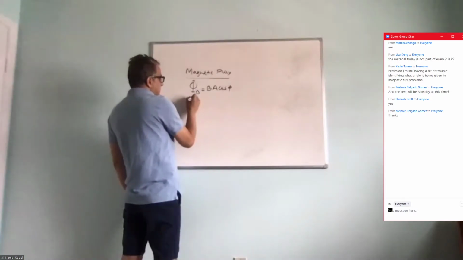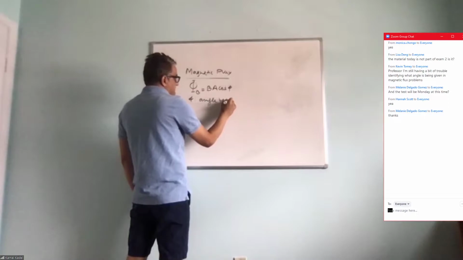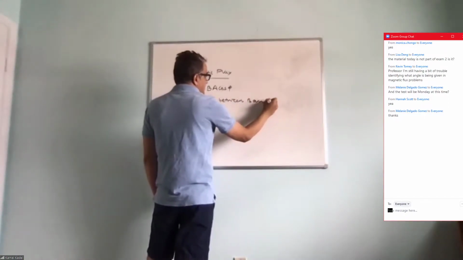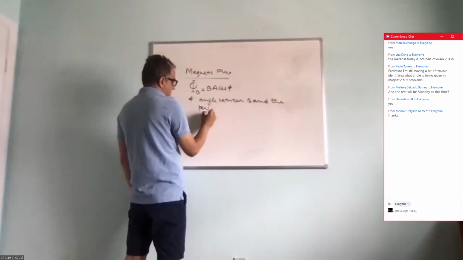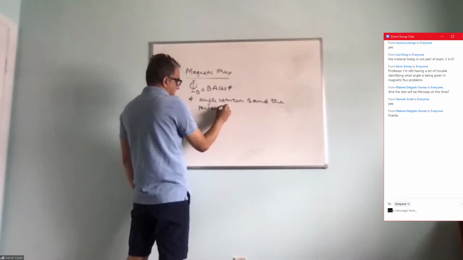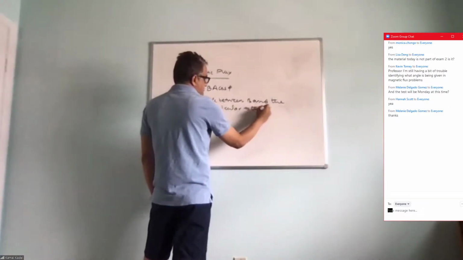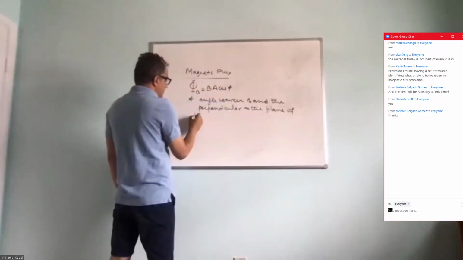And this phi is the angle between B and the perpendicular to the plane of the coil.